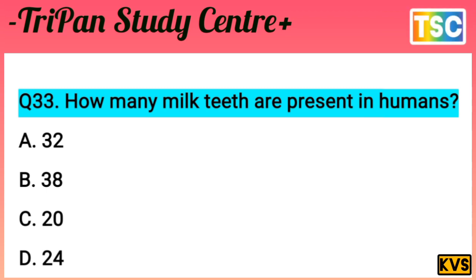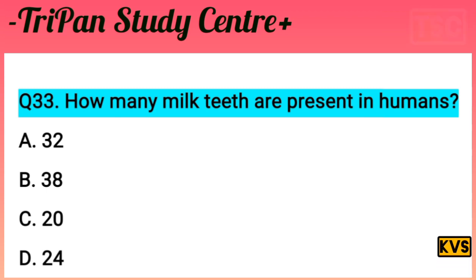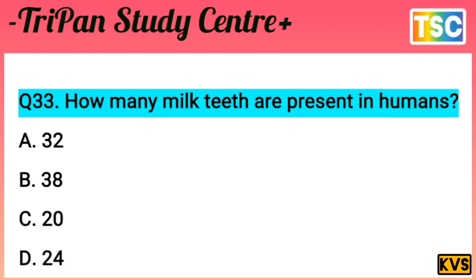They are called primary, temporary, or milk teeth. It means option C is correct here. 20 milk teeth are present in a human. Let's see the next question here.